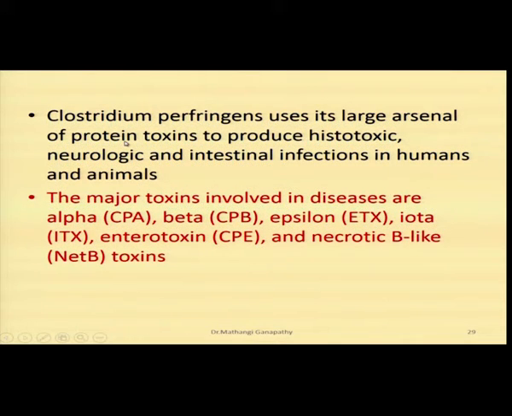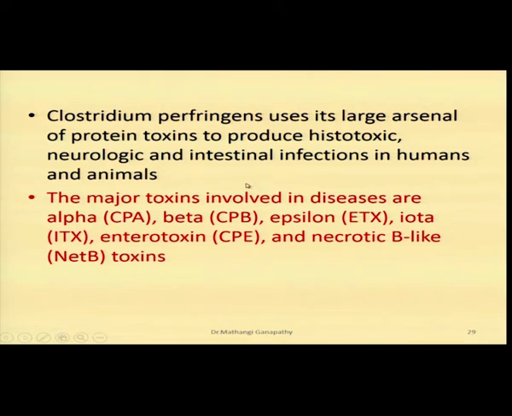Clostridium perfringens uses its large arsenal of protein toxins to produce histotoxic, neurologic, and intestinal infections in humans and animals. So, a large number of toxins with varying effects cause these infections.